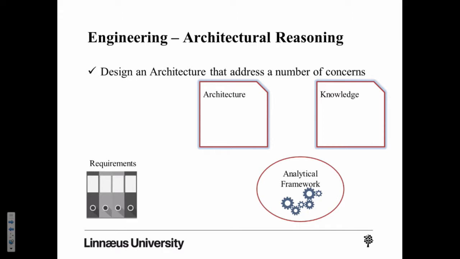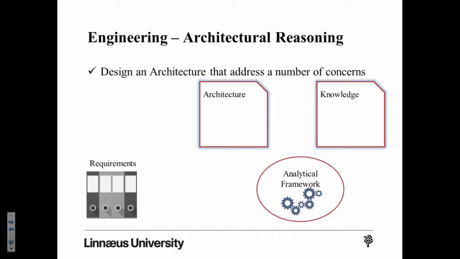And then you went back, you revisited your architecture, you refined it, you modified it, until you felt that, hey, now this first level decomposition supports the requirements as specified in the requirement specification.